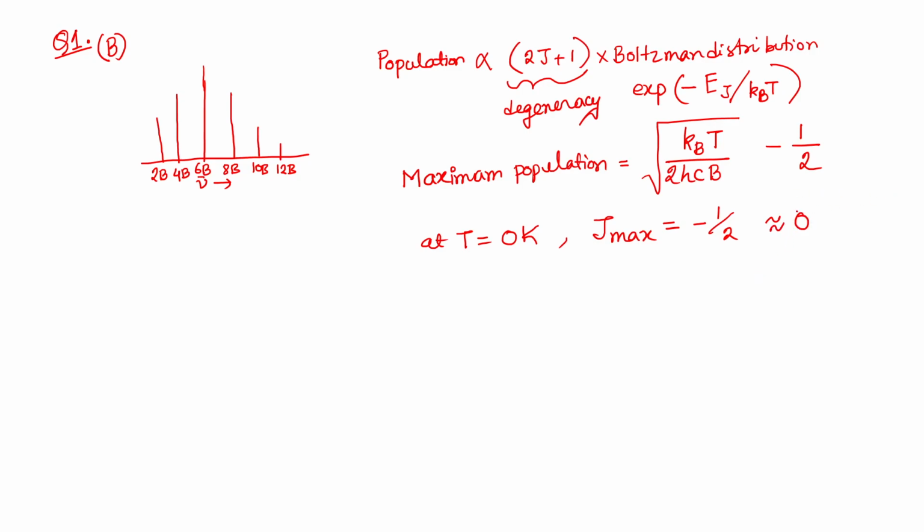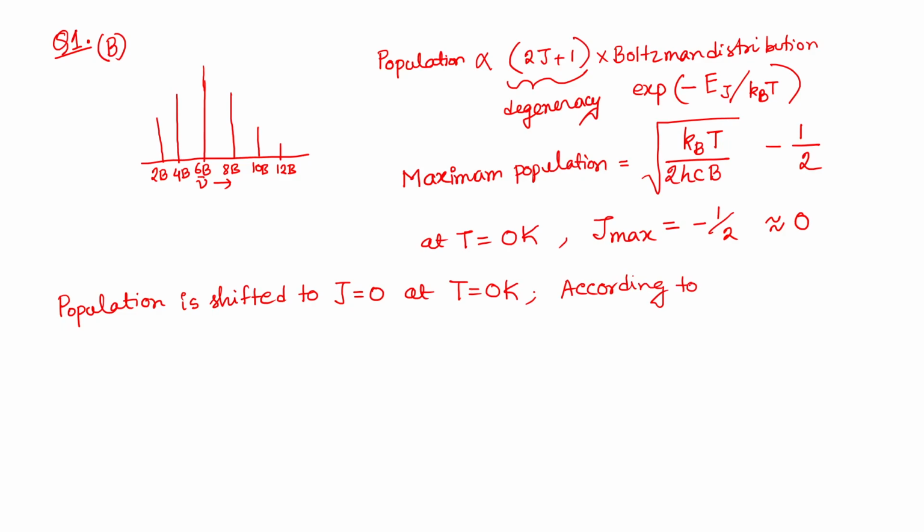So all of your population at 0 Kelvin is shifted to J equals 0 at T equals 0 Kelvin, and according to the selection rule, delta J equals plus minus 1, you can see that now only the J equals 0 to J equals 1 transition is possible.